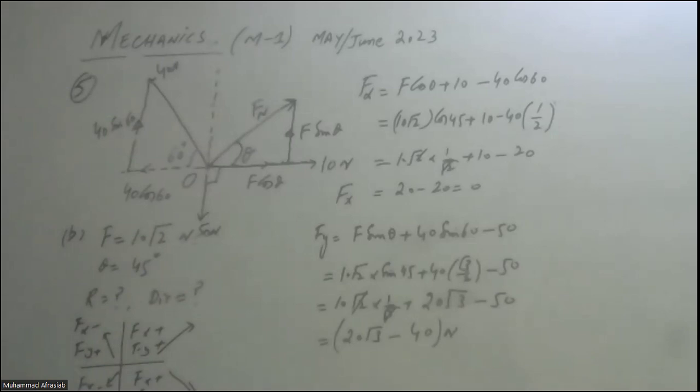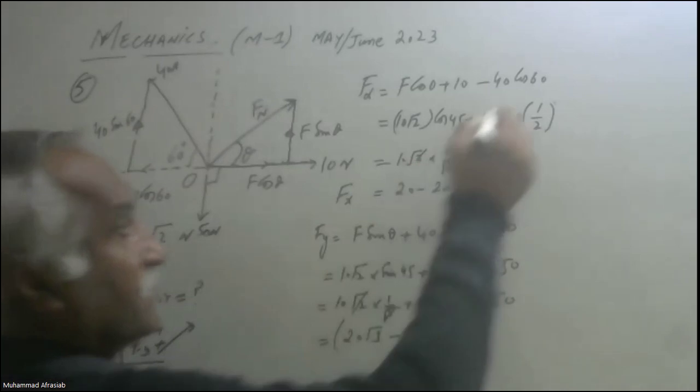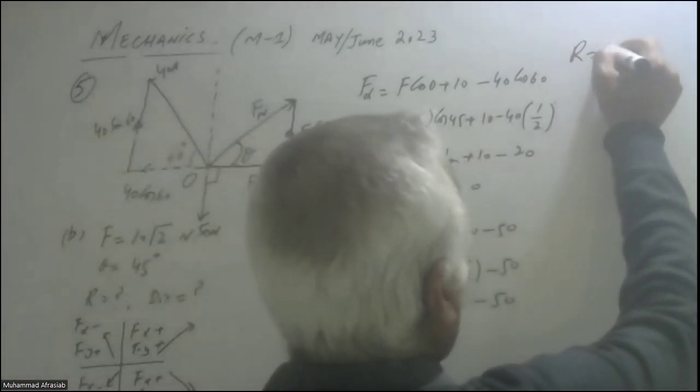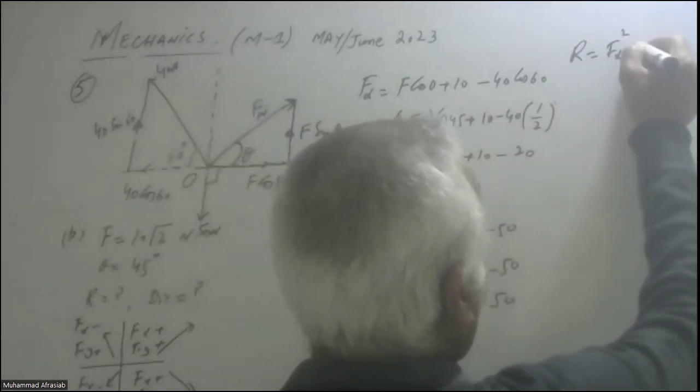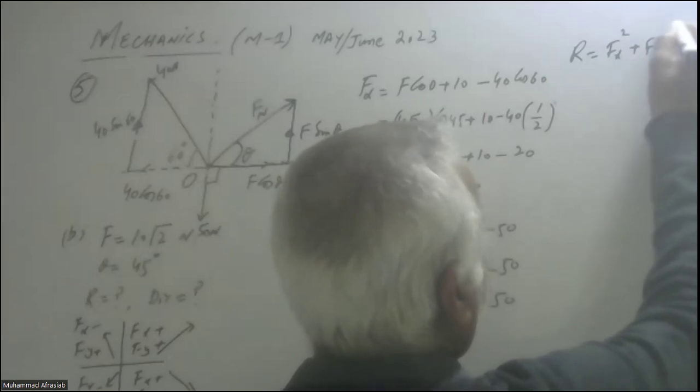But when Fx is 0 and the vertical component is 20 root 3 minus 40, it means our net resultant force is equal to the square root of Fx square plus Fy square.